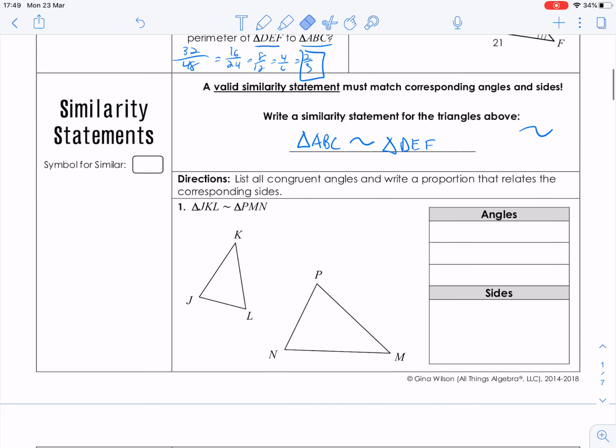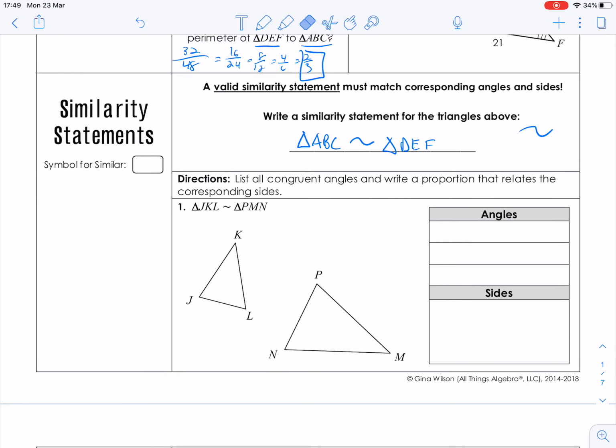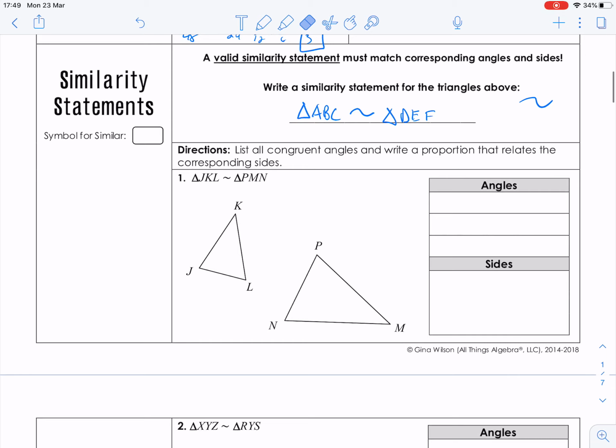Okay, so here we go. Similar to what we did in congruency, we have to show which angles are congruent, and then which sides are proportional, and that would show they're similar. Since we know they're similar, we're going the other way. So angle J, what goes with angle J? It tells us P. It's the order they put them.